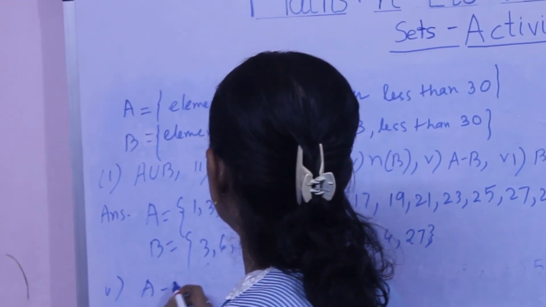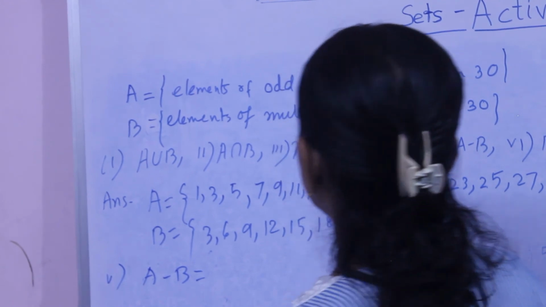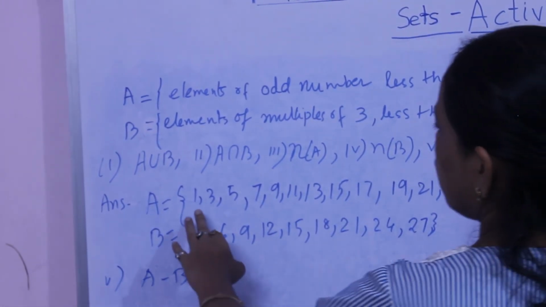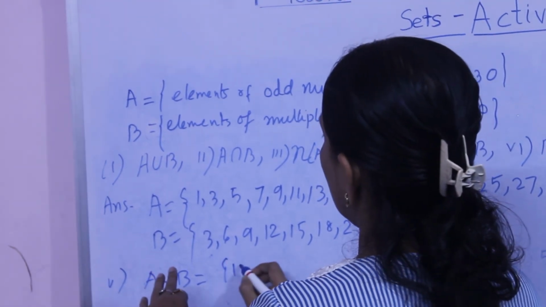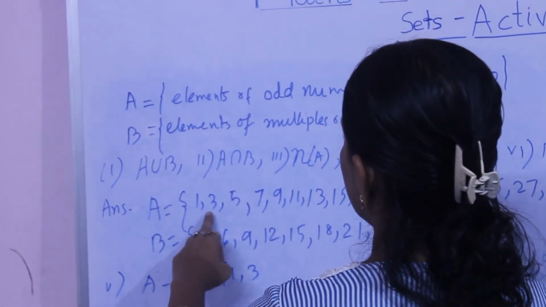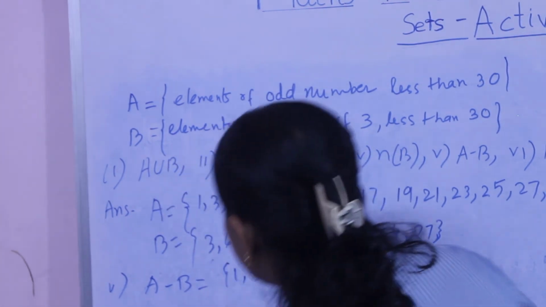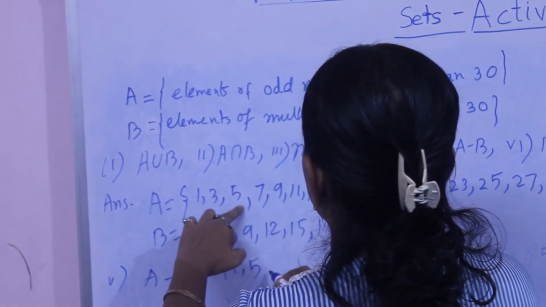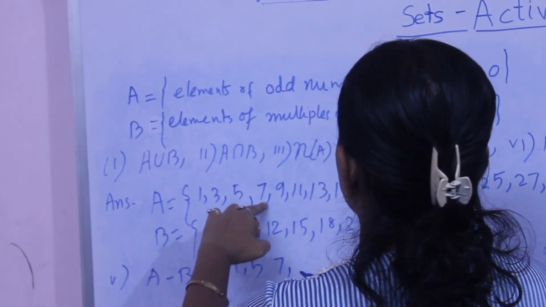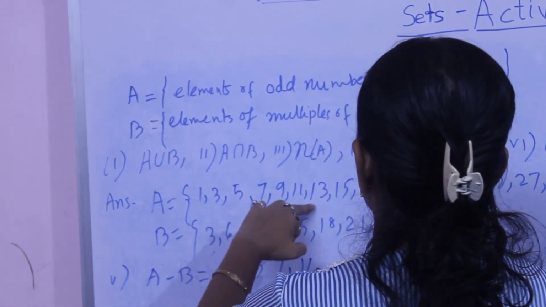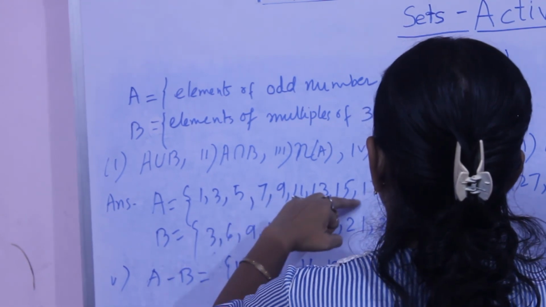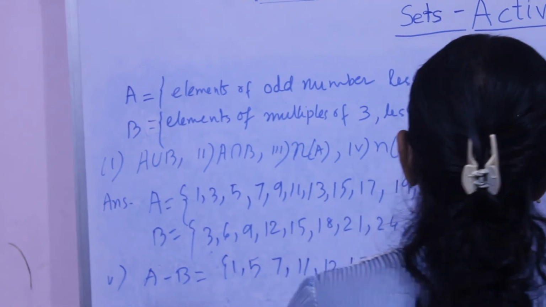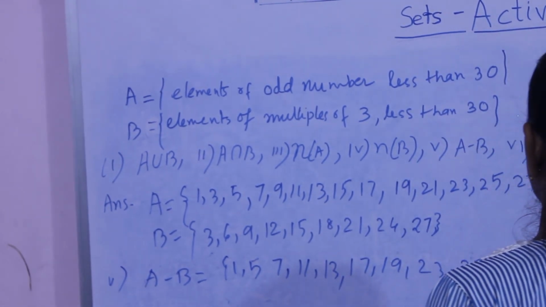So A minus B means elements present in set A but not in B. So that will be 1, 3, not 3, 1, 5, 7, 11, 13, 17, 19, 23, 25 and 29.